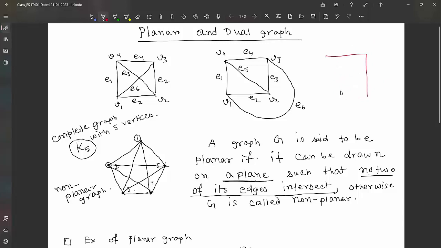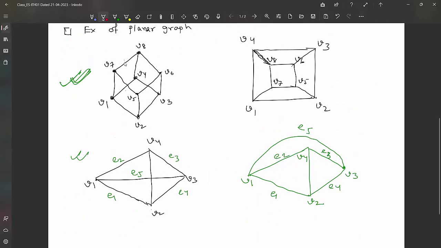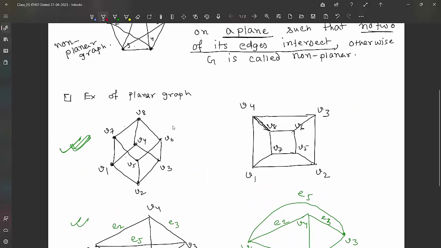But if it is 4 vertices, then again it is also a planar graph. Whatever you may try, any other pattern of this type, it is always a planar graph. Okay, but the first simple non-planar graph is of what vertices?